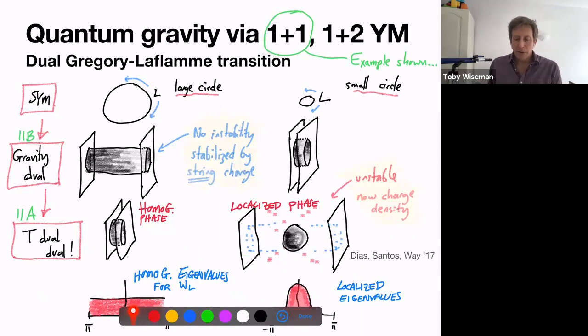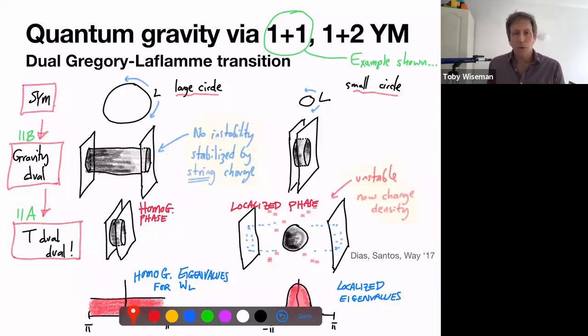Now, it turns out that there is some interesting dynamics that we expect from gravity as we vary the size of this circle, and it's related to the so-called Gregory-Laflamme instability. And it's an old story, and it's a rather complicated story, so I'm going to sketch it very, very fast here, and I'm happy to answer more questions on it if people are interested. But basically, in the Yang-Mills theory, you've got a circle.